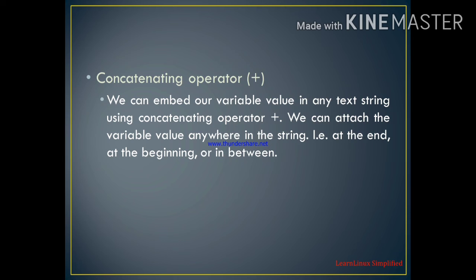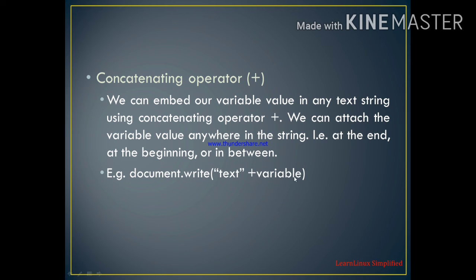To attach the variable value with the text string, we use the plus operator, which is called the concatenating operator. We can embed our variable value in any text string using the concatenating operator plus. We can attach the variable value anywhere in the string, at the end, at the beginning, or in between. For example, document.write text, then plus and the variable.